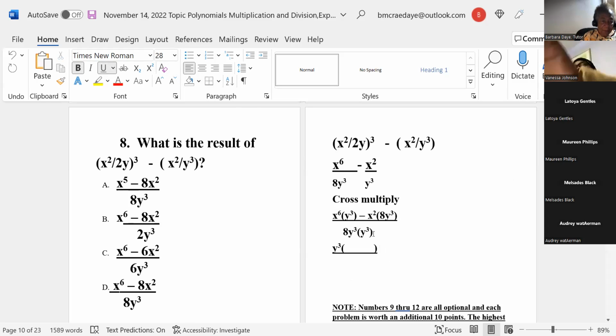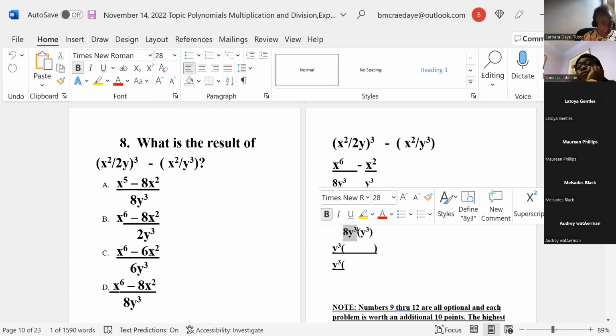Now factor the y to the 3rd out in the denominator. Let's just put that there. And that would be times what? Audrey, what would that be times? 8y to the 3rd. That's the other factor.